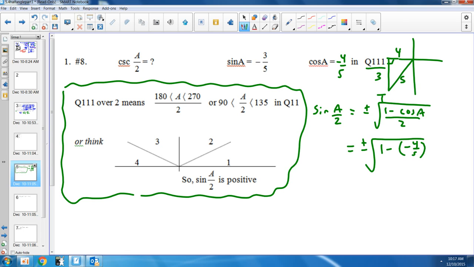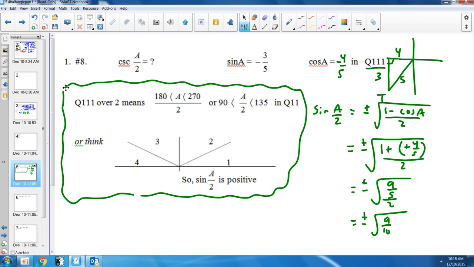Negative 4/5, right? The negative sign comes down. You're substituting in that number over 2 equals. These become plus 5 over 5 is your 1, so it's 9/5 over 2. Multiply by 1/2, the same thing as divided by 2. So to make a long story short, you're looking at square root of 9 over 10.